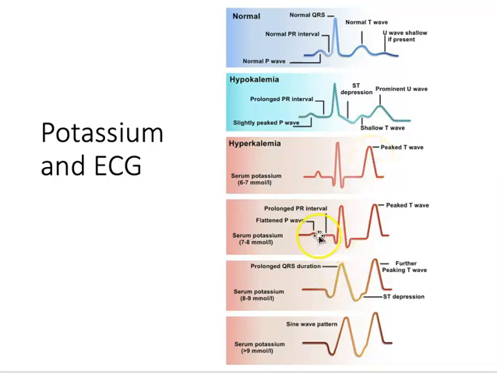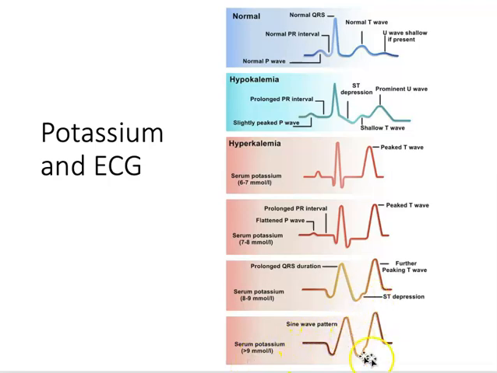If it gets even higher, we may see a prolonged PR along with this, which is different from what we saw here. Even more, that QRS is much wider than this kind of shallow, very peaked one. Again, that T wave is now about the same height. The ST is just what's known as depressed.